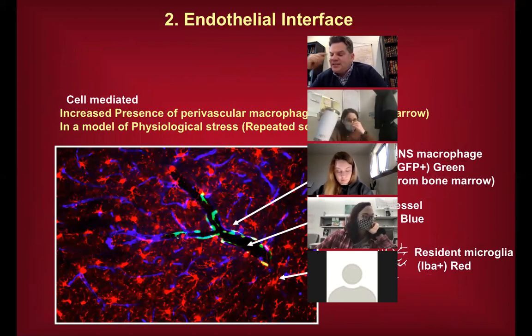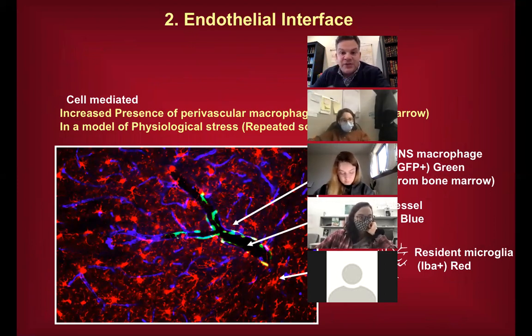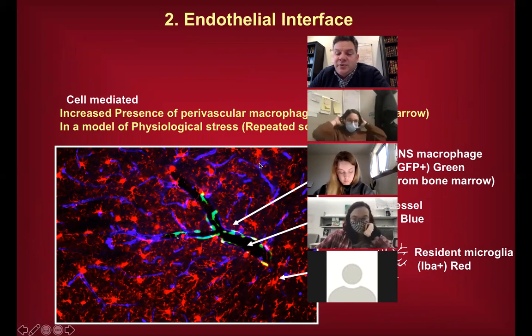This is an example of that cell-mediated idea, where you can see, this is actually an example of psychological stress, a chronic stressor that really doesn't drive inflammatory pathways the way a head injury would. But you can see that you have these green cells, which turn out to be peripheral monocytes that come in to the brain vasculature.